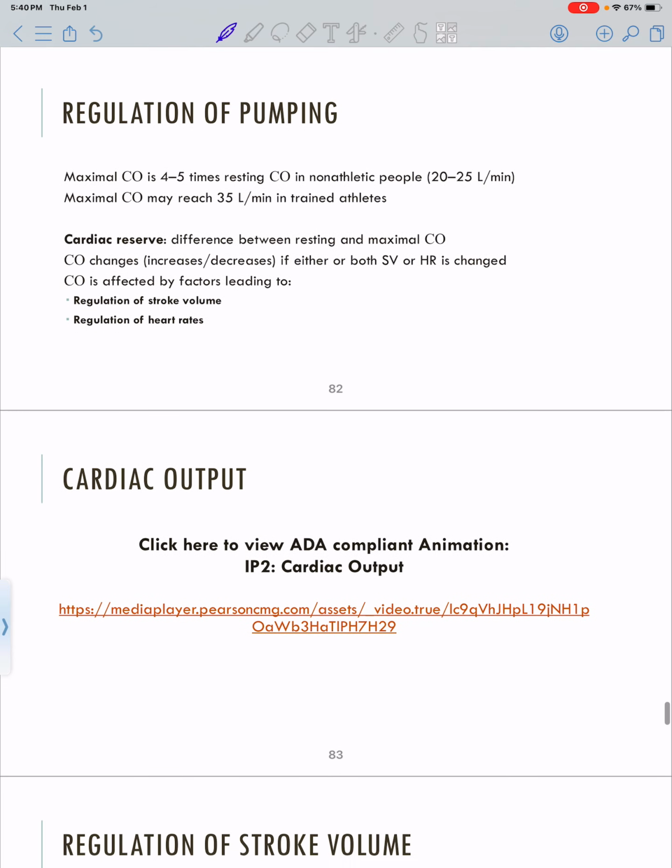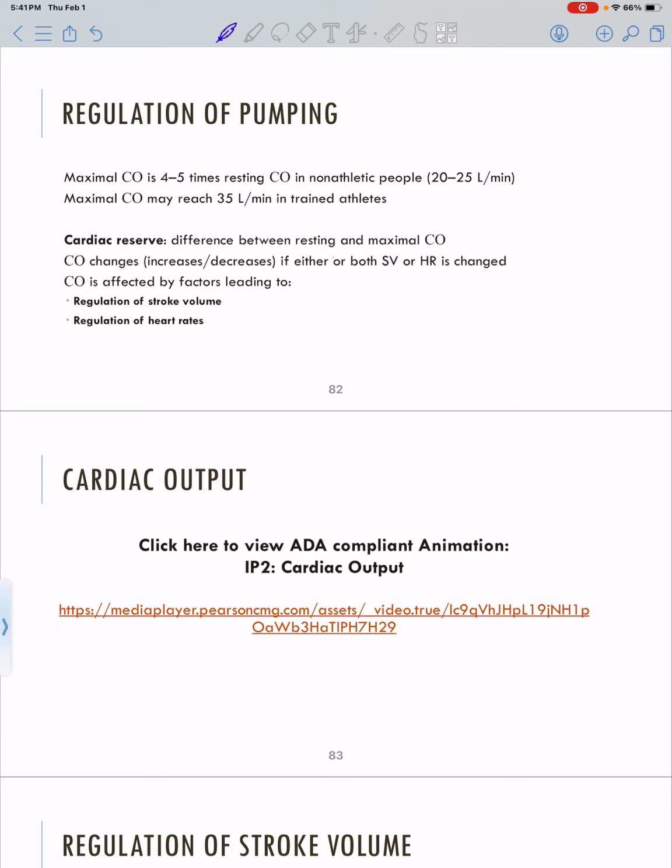The only thing on this slide I really want to mention is what cardiac reserve is, and that's the difference between your resting and maximal cardiac output. So at rest, what is our heart rate times our stroke volume, and then if we're running a sprint, what is our maximal cardiac output?